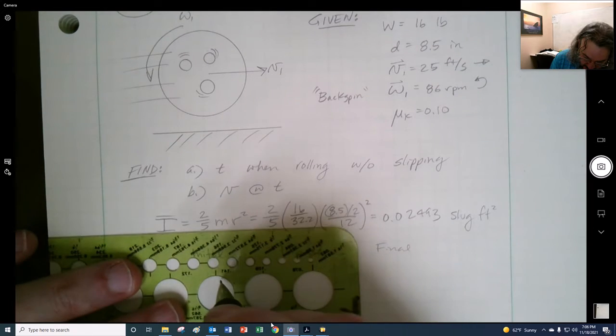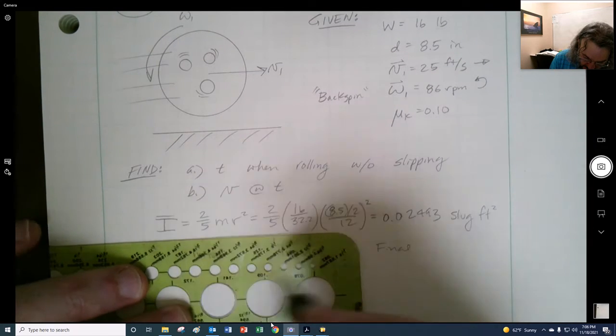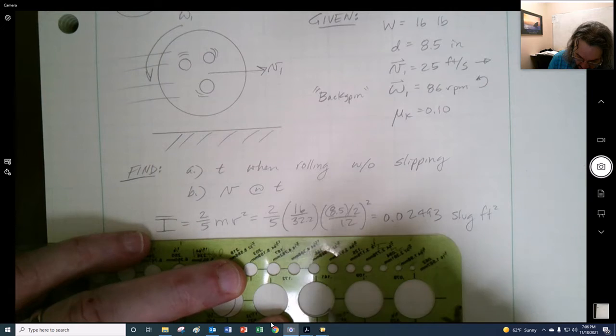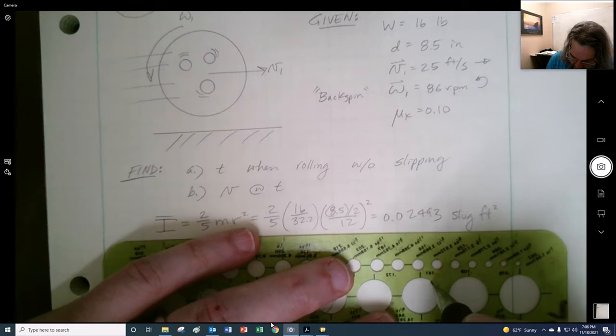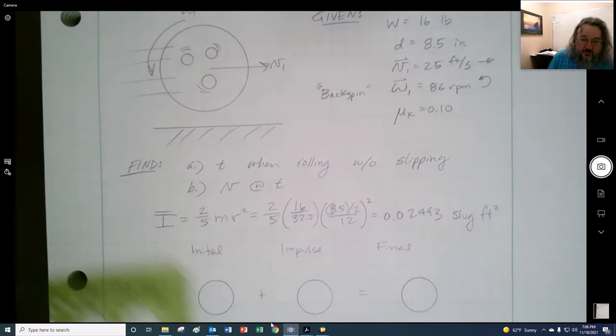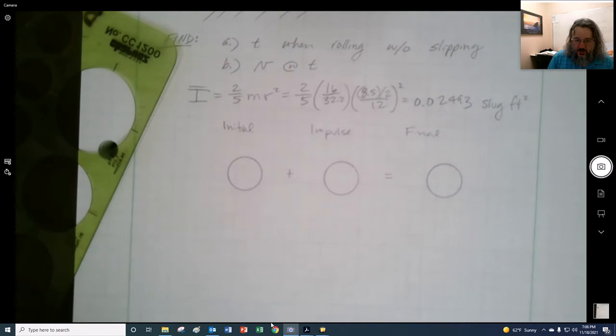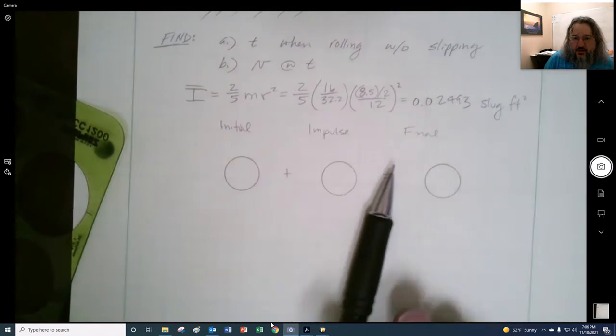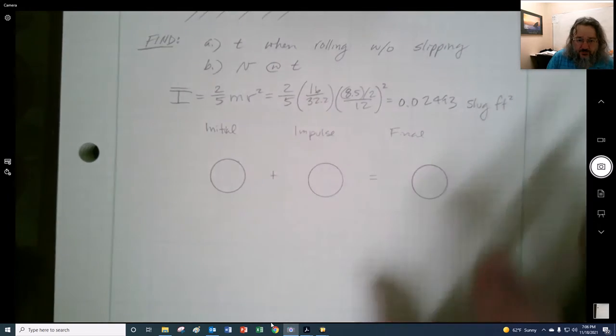So here, I'll draw it this size. Here's our initial, here's our impulse, and here's our final. Boom. Zoom, focus, words.